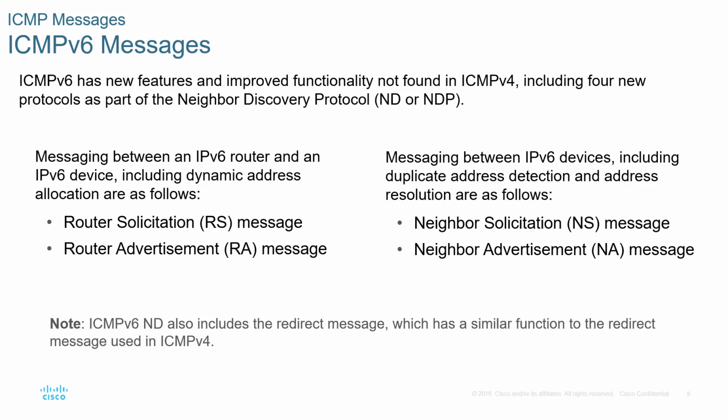These allow for the sharing of information for the purpose of communication. Again, similar to ARP, but not quite the same. ARP is for an IPv4 network, where these messages specifically are for an IPv6 network.